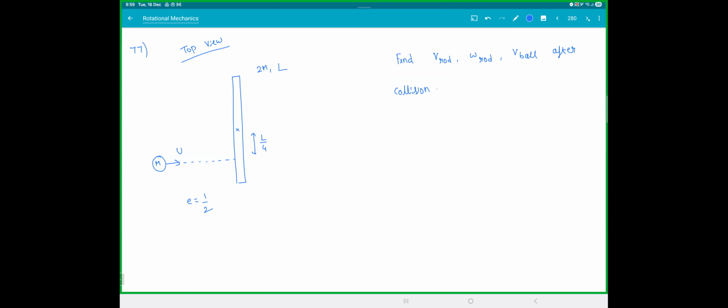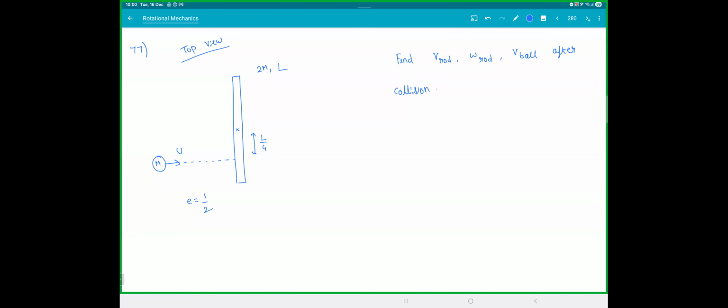6u by 5L is omega of the rod. Okay, let's see the rest. U by 5 for the rod, 6u by 5L omega, and I think the velocity of the ball is u by 9.